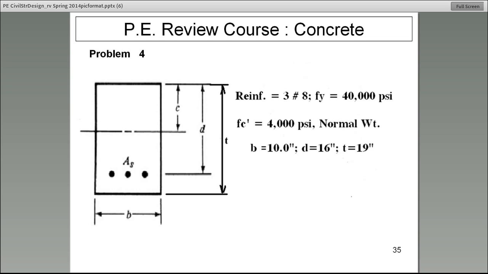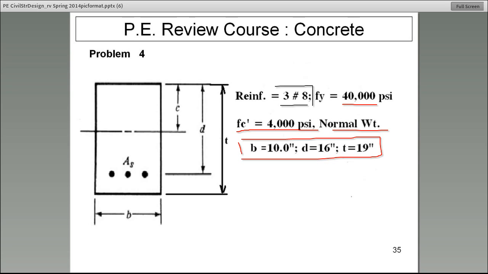All right? So they say the reinforcing bar is three number 8s. And then the yield of steel is 40,000 psi. Compressive strength of the concrete is 4,000 psi, and it's normal weight. And these are the dimensions of the cross-section.